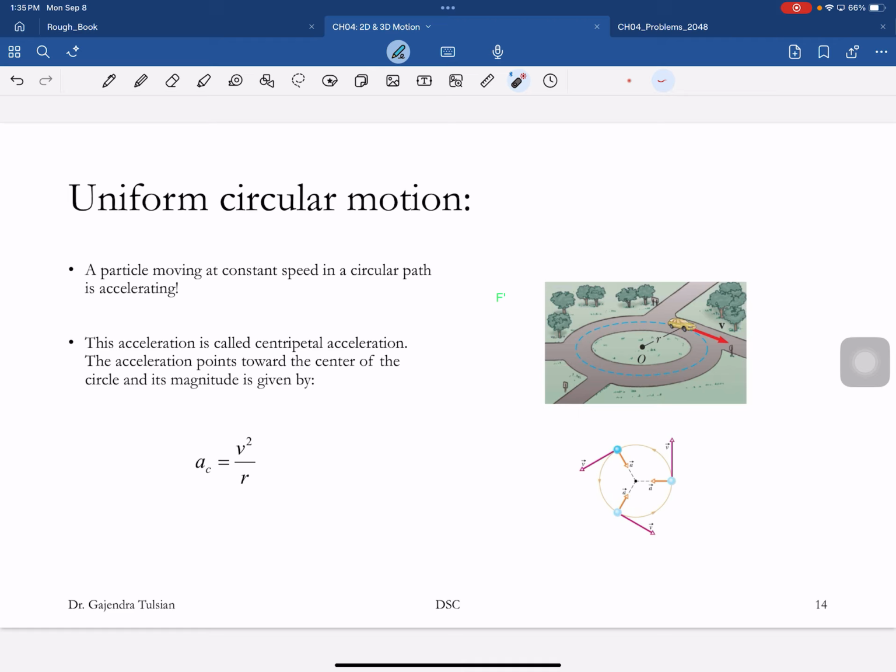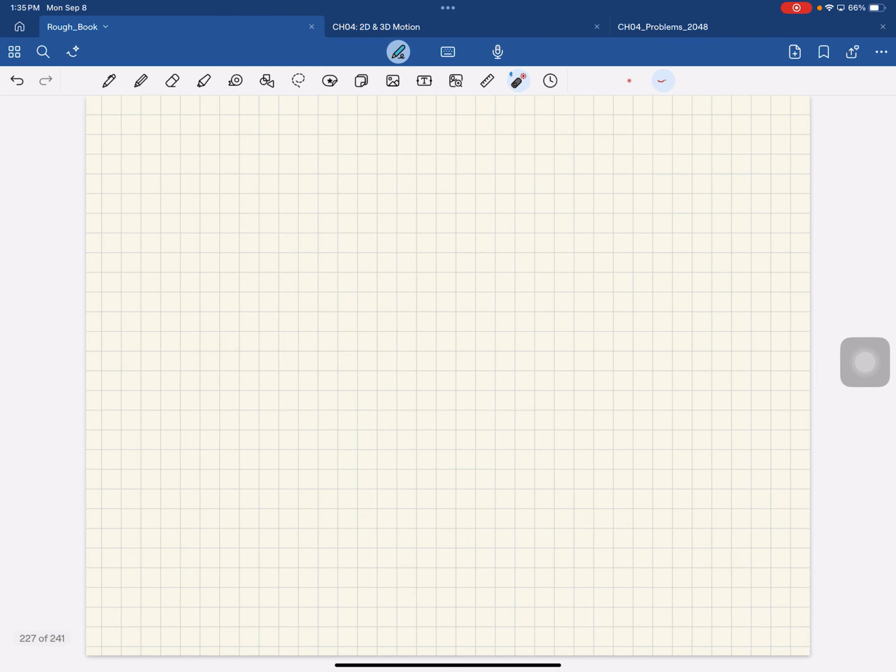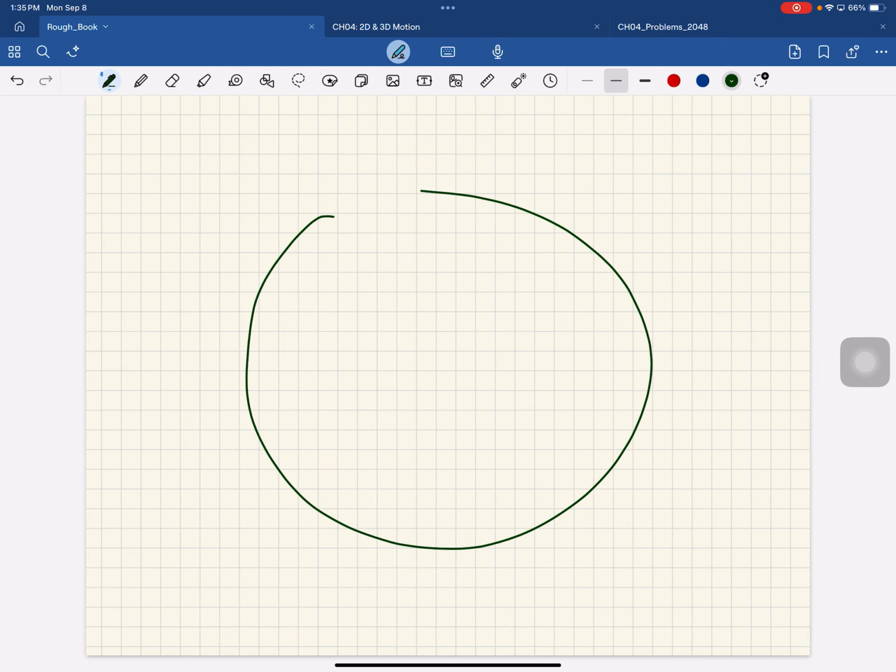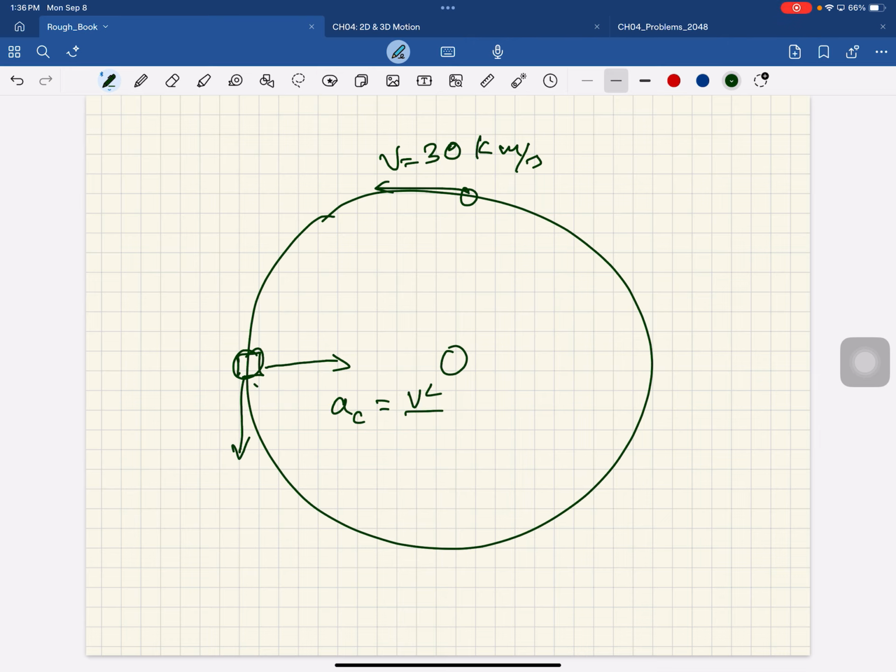For instance, here's the sun, here's the earth. The earth is going at a constant speed of 30 kilometers per second. Its speed is not changing, but the direction of its velocity is changing, and the earth has a centripetal acceleration given by that.